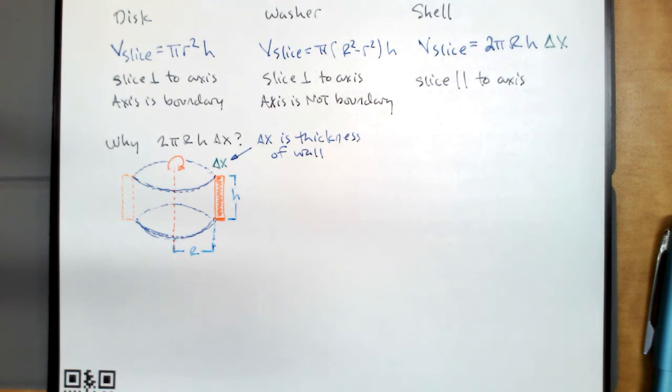So we've got this shell, it's like the aluminum part of a can. What we're going to do is slice the can and unroll the metal.